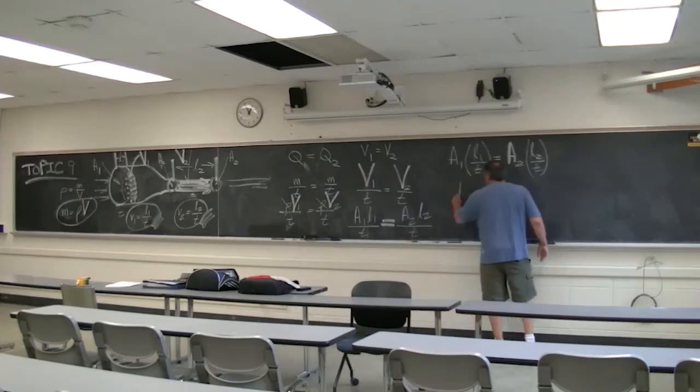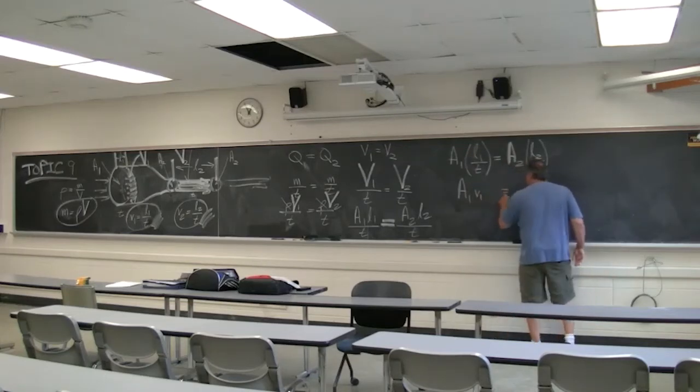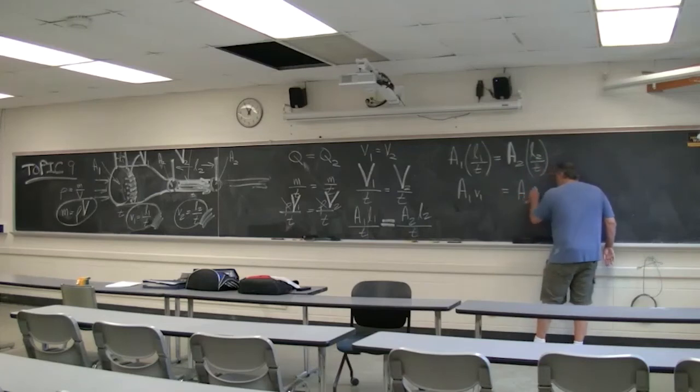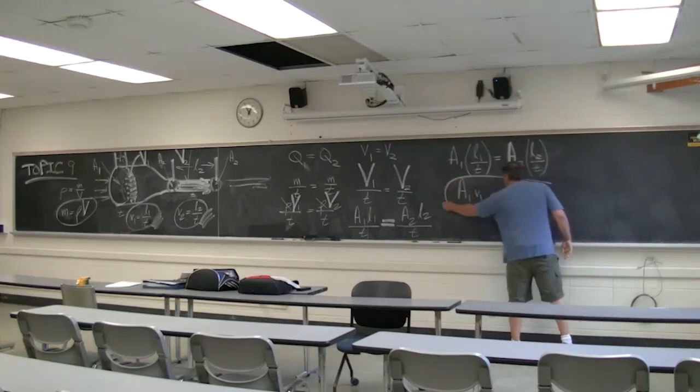And that's how they get this conclusion. V1, the magnitude of velocity, is equal to L1 divided by T. V2, the magnitude of velocity, is equal to L2 divided by T. This is the continuity equation.